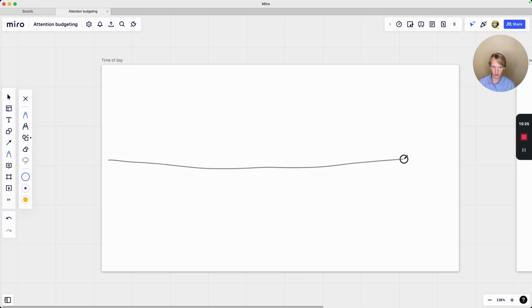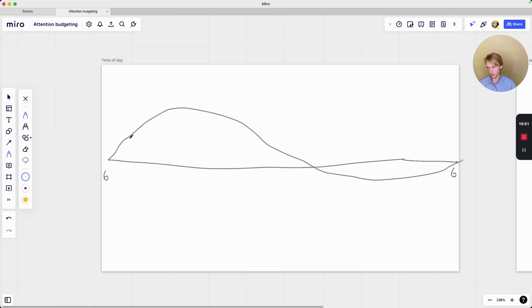So here's a model of your whole day, right? Let's say this is, I don't know, 6 a.m. and this is 6 a.m. the next day. And this is roughly when the sun goes up and when the sun goes down.